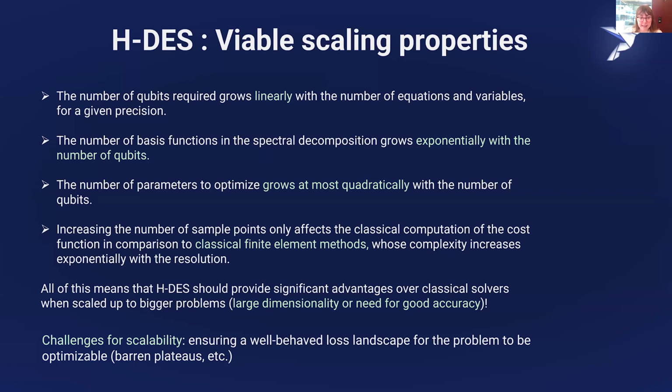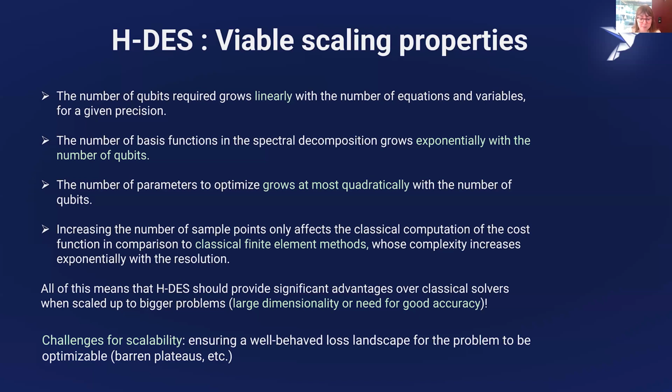Now, this scaling up of HDES is currently probably the primary focus of our research and development team. And there are certain challenges associated with scaling up VQAs to tackle more difficult problems. And in particular, the most difficult is that when you have a large number of parameters to optimize, you have to be able to ensure that you have a well-behaved loss landscape for the problem to be optimizable at all.